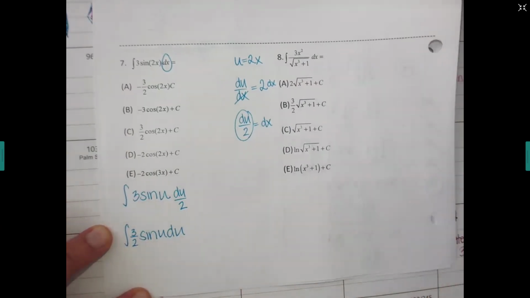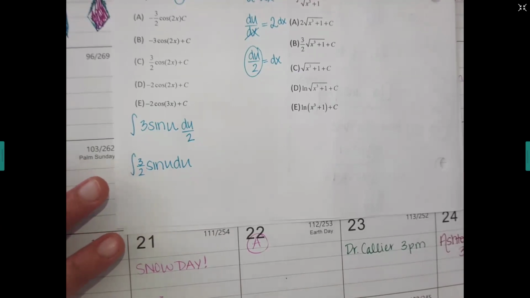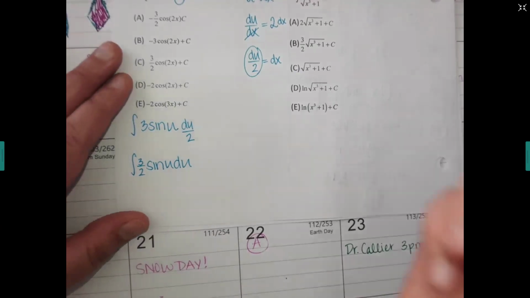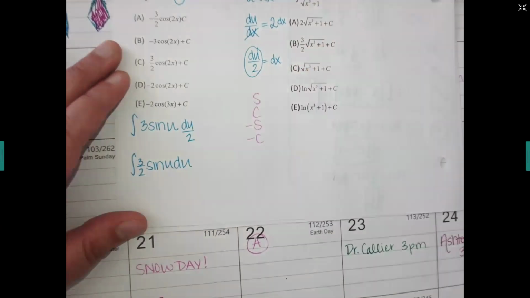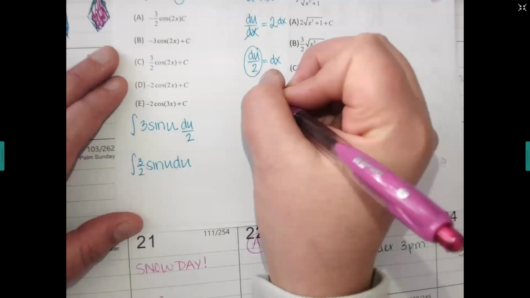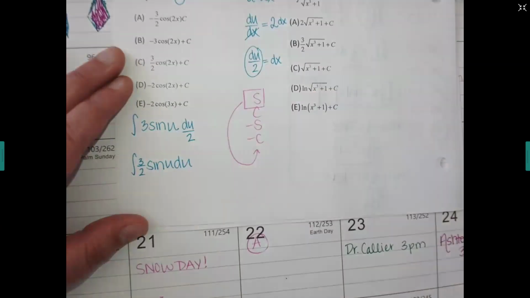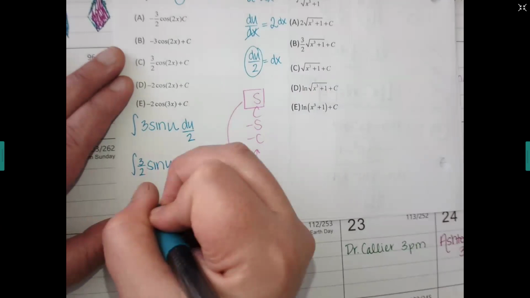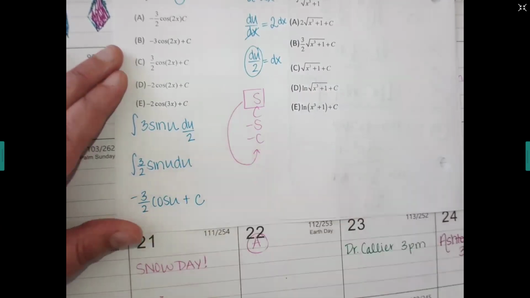Okay, once you get it totally rewritten, you're going to snow cone it. So remember, for the snow cone, derivatives are down, antiderivatives are up. So if I'm already at the top, where do I loop back around to? Well, the bottom would be negative cosine. So it'd be -3/2 cosine u plus c.